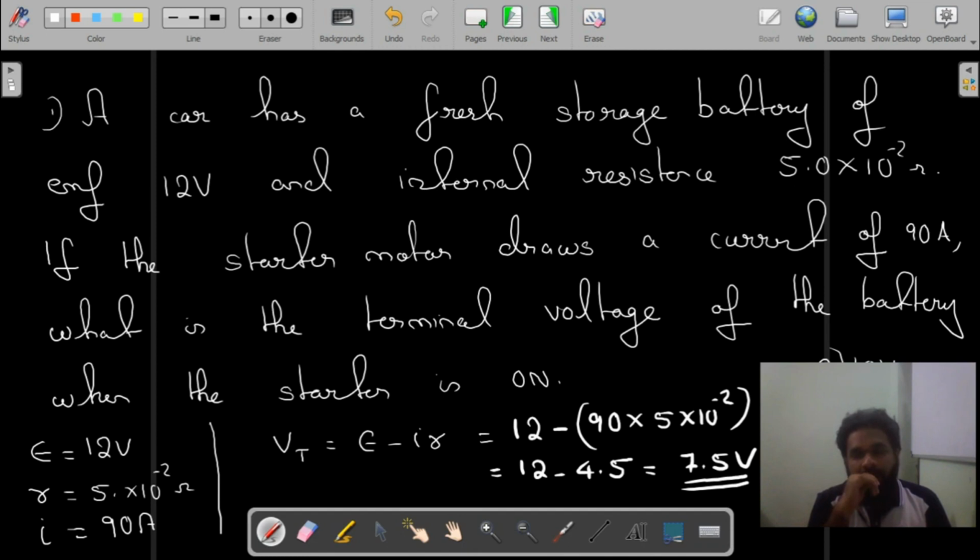Then, what is EMF? EMF is the potential difference between the two terminals of a cell when no current is flowing across the cell. That is E, whatever is given. Terminal voltage is the voltage across the terminals of a cell when current is flowing, when the circuit is on.